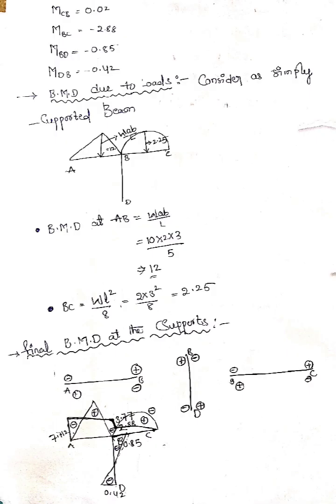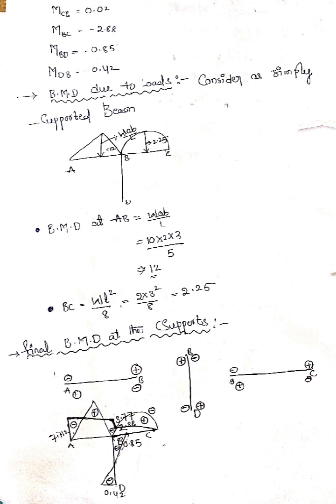Finally, we need to draw the bending moment diagram. First of all, we draw the bending moment diagram for the simply supported case. For the eccentric point load, Wab by L is the maximum, and similarly on BC you have a UDL, so WL squared by 8 is the maximum bending moment. After that, you can add the final end moments to this bending moment diagram using the sign conventions.